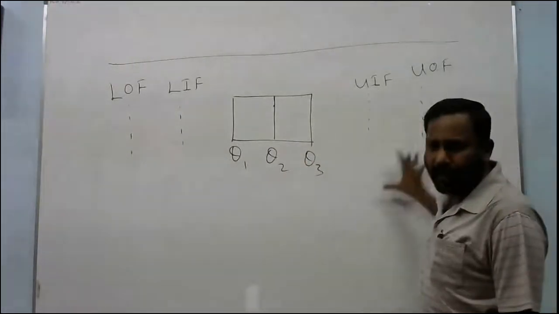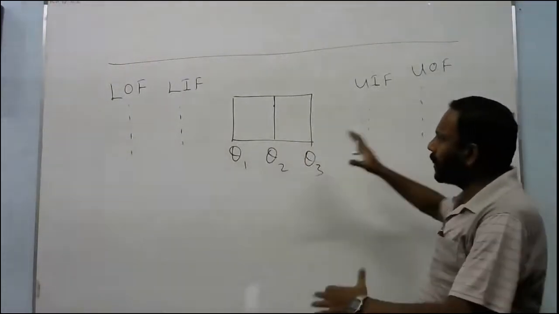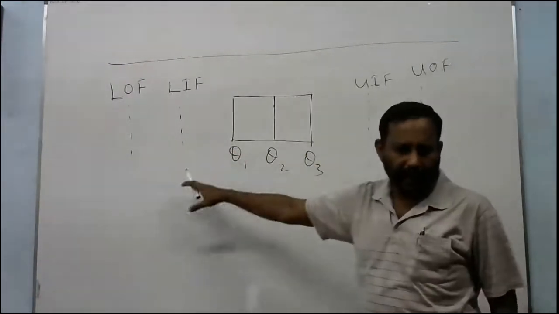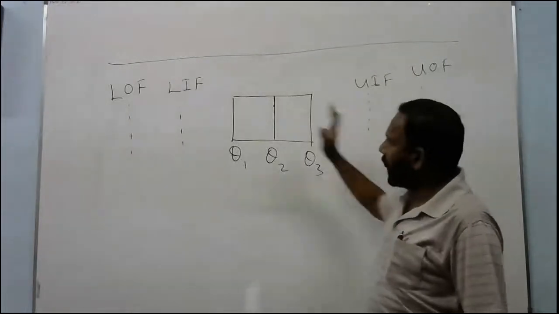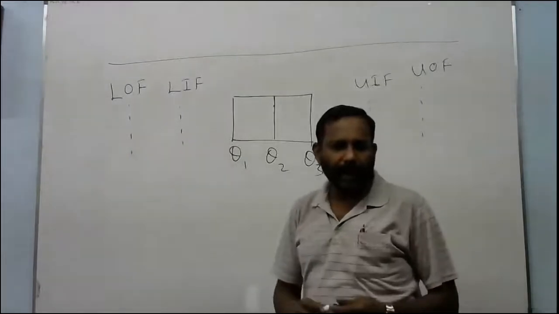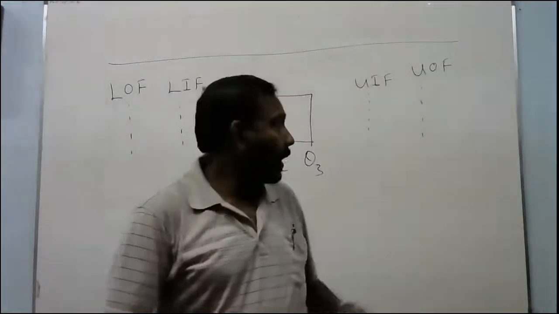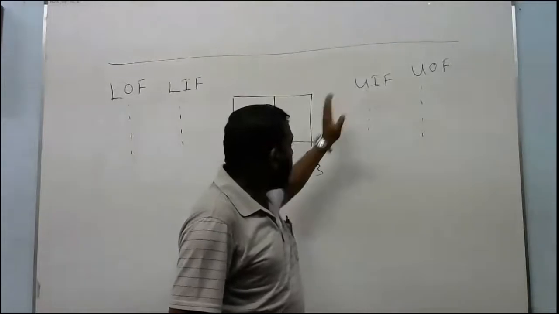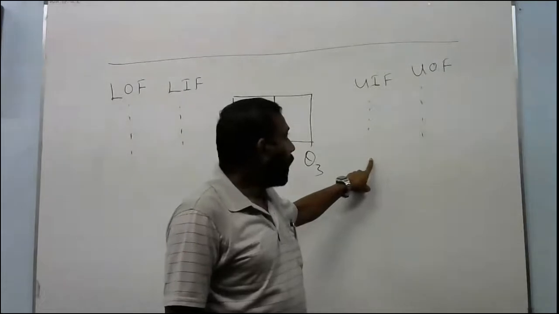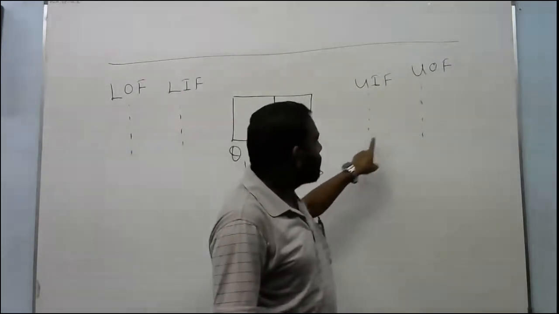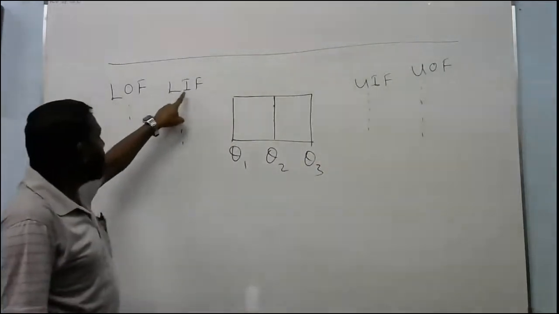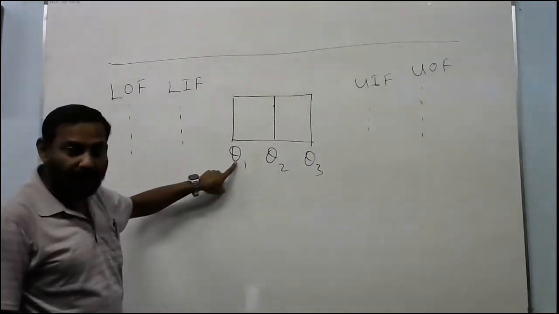So this is just to give you why we want to calculate the outer fences and the inner fences for the upper side and the lower side. All right, so that we have already calculated. Upper inner fence is Q3 plus scale factor. Upper outer fence is upper inner fence plus scale factor. Similarly, lower inner fence is Q1 minus scale factor.